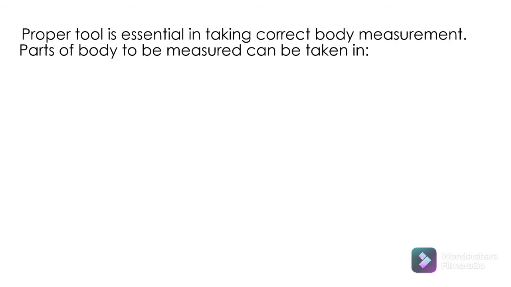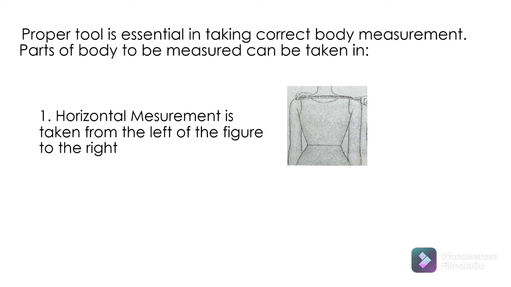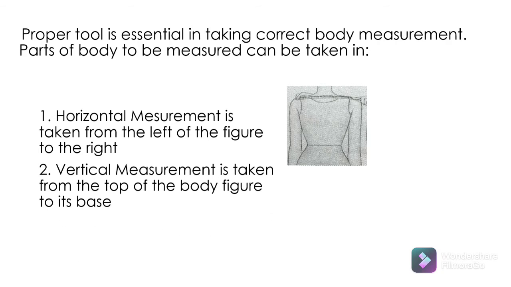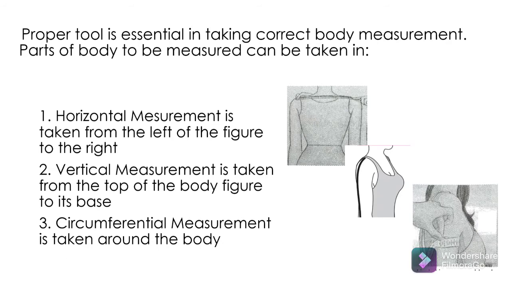Parts of body to be measured can be taken in horizontal measurement, which is taken from the left of the figure to the right. Vertical measurement is taken from top of the body figure to its base. And circumferential measurement is taken around the body.